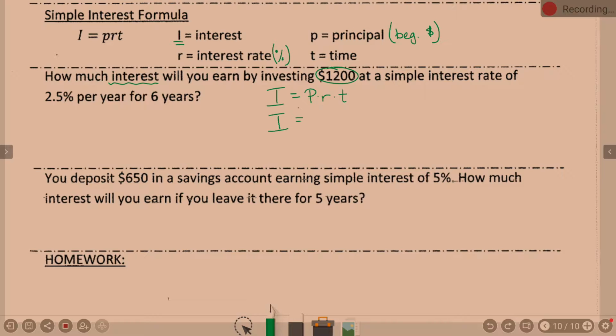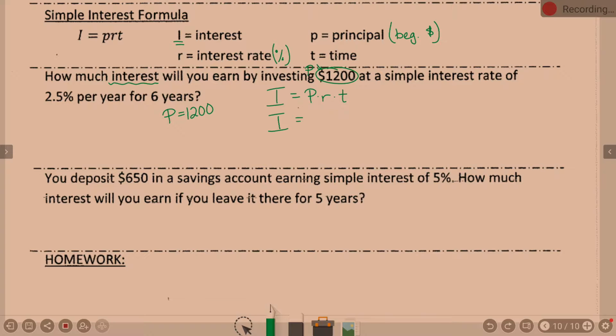Is that a time? Is it my interest rate? Is it a percentage? No. It's your principal, your beginning amount of money. How much money are you starting with? 1,200. So my principal is $1,200.